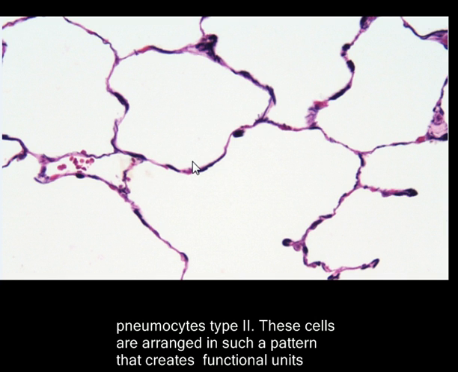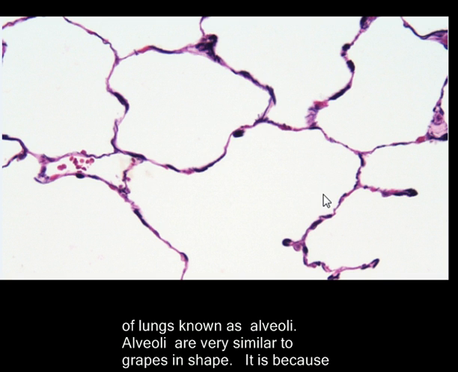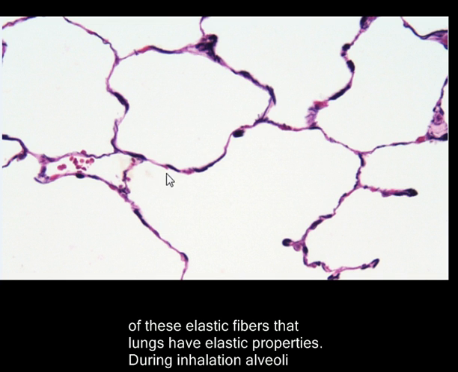The pneumocystis type 1 are main site for gas exchange, and pneumocystis type 2 produce surfactant which helps in reducing the surface tension within the lung tissue. The cells are arranged in such a pattern that creates functional units of lungs, which is known as alveoli. Alveoli are similar to grapes in shape, and it is because of these elastic fibers that lung have elastic properties.